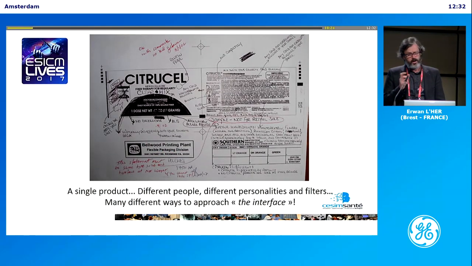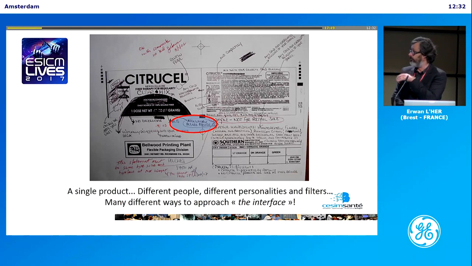But in fact, the concept of ergonomy is quite complicated. I just put you a slide. It's not a device, it's an old medication that is no more sold. It was the user notice that was going to be released, a single product, with different people looking at the notice, different personalities of the readers, different filters, different understanding, and of course many different ways to approach the interface.